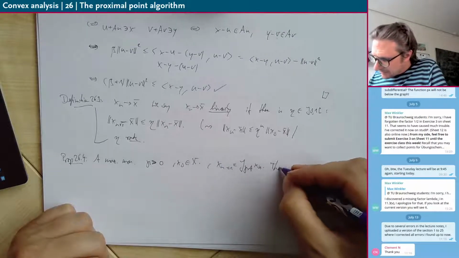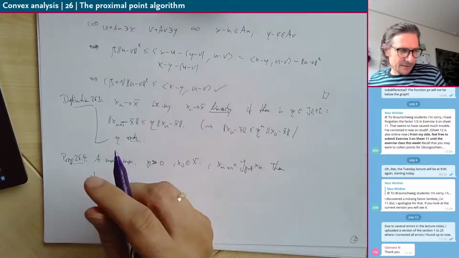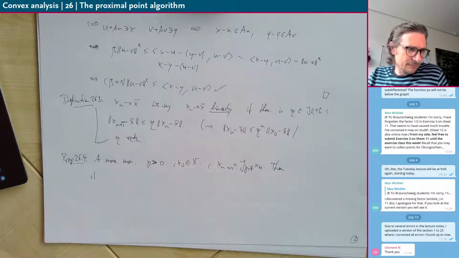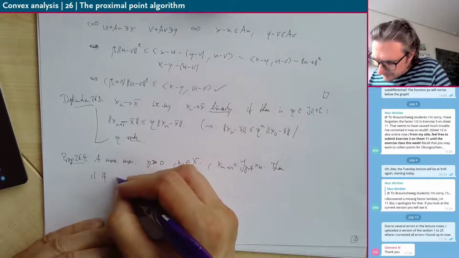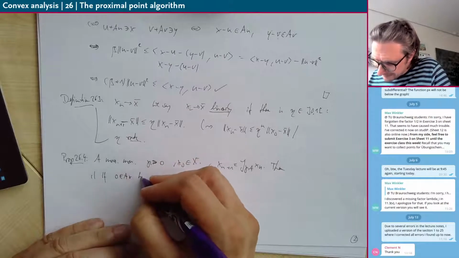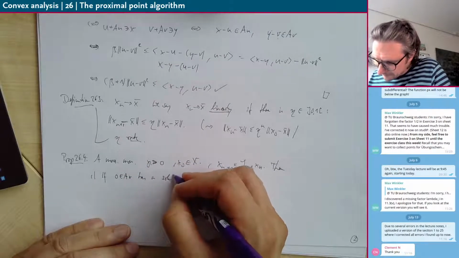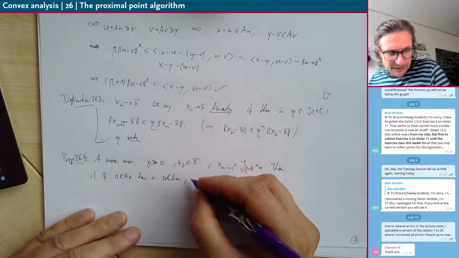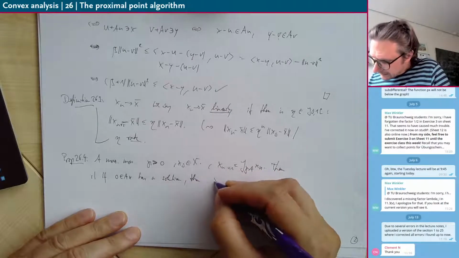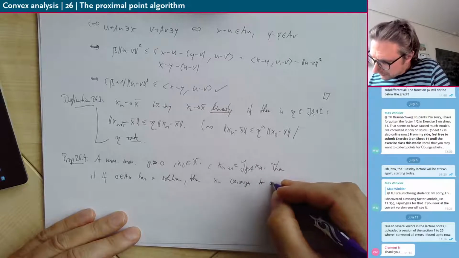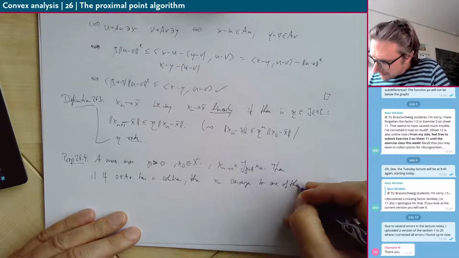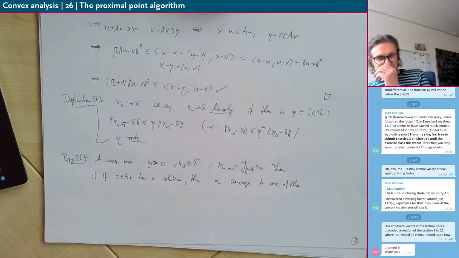And then we have first: if the inclusion has a solution, then x_n converges to one of them. So that's the first thing.